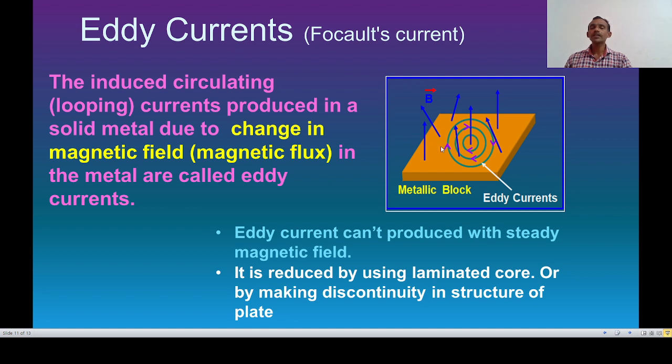That is, we make slots or holes in the plate, due to which the path of the circulating electric currents breaks, the path of motion of the circulating electrons within the metal plate is broken, and therefore eddy current is reduced. Now there are many applications of eddy current. Eddy current also produces heat.